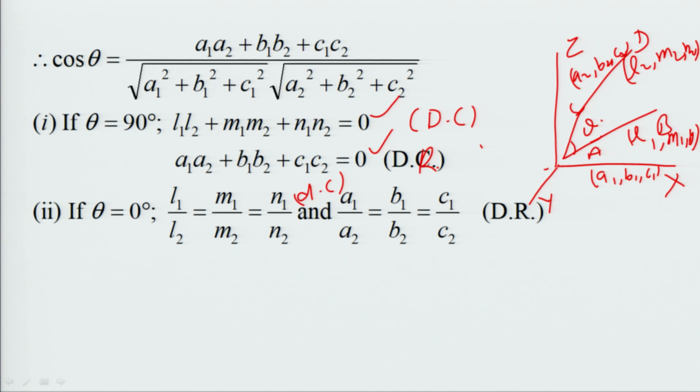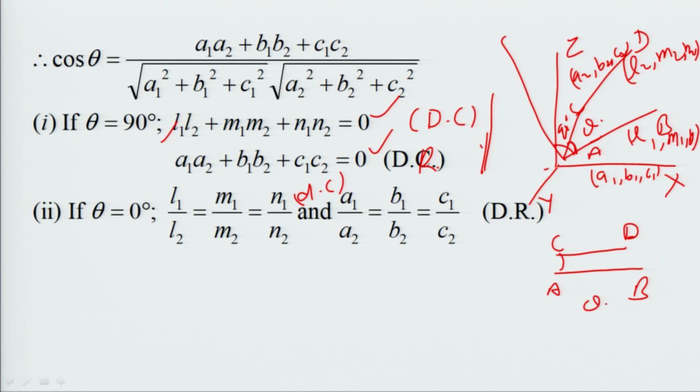We have discussed two cases. One is theta is 90 degrees, then the lines are clearly perpendicular, making an angle theta, and these two conditions hold. And if theta is 0, it means line AB coincides with CD, making an angle 0, that is AB overlaps CD.